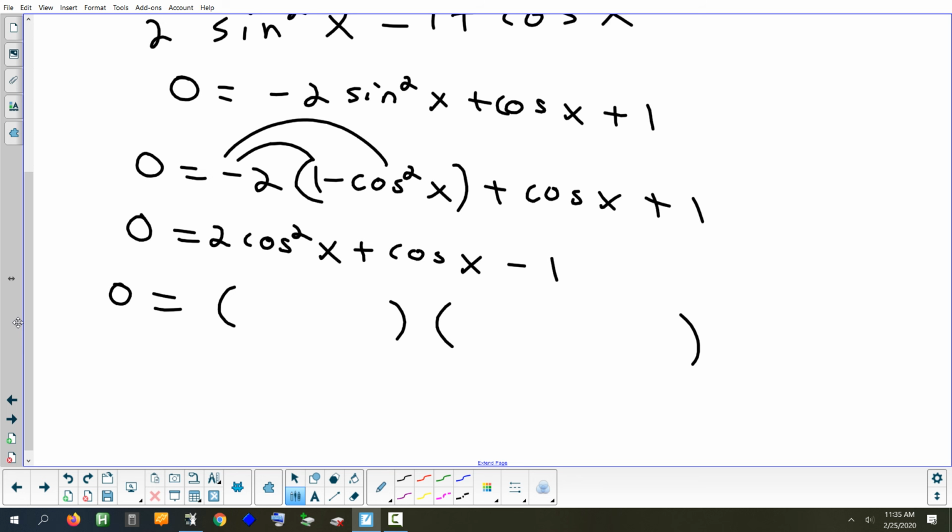Emily? One of them would be a cosine. What about the other one? It wouldn't just be a cosine, because then cosine times cosine would just be cosine squared. But I want 2 cosine squared. So what would I have to put here? Yeah, 2 cosine.